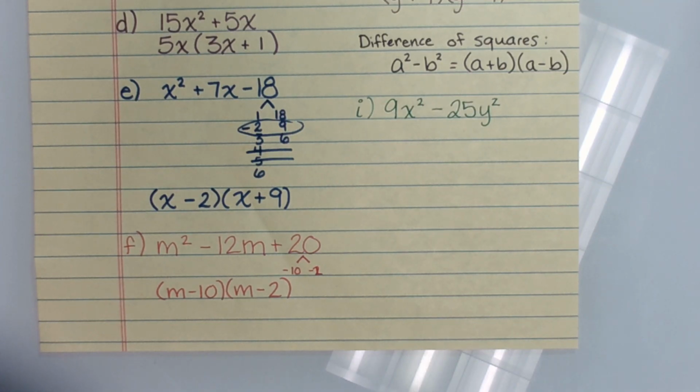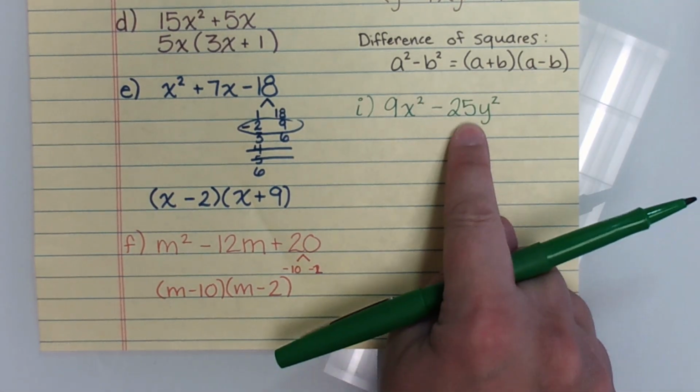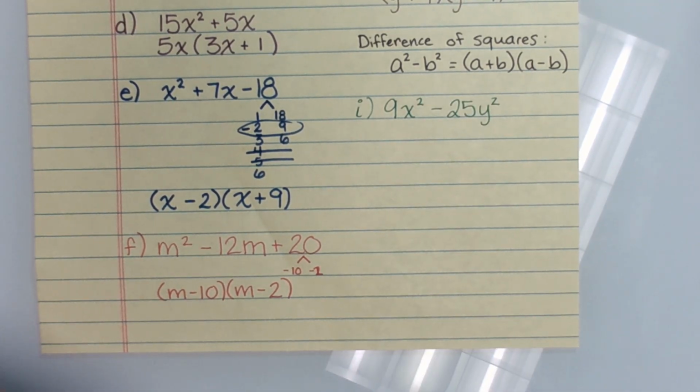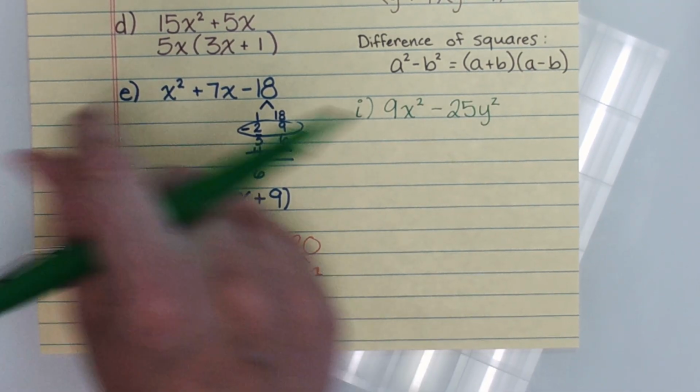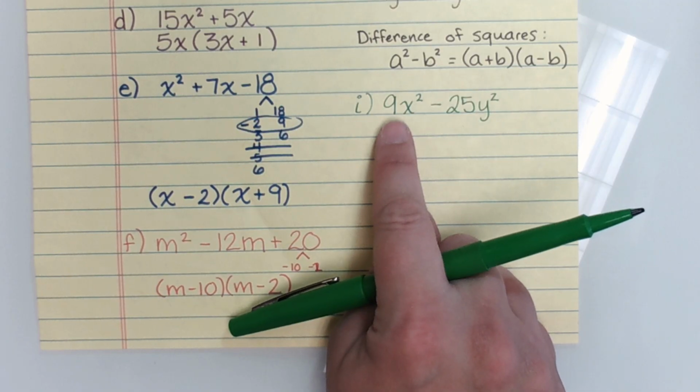No. Can I do the shortcut to the AC method on this? Can I look for 2 things that multiply to -25 but add to 0? -5 and 5, but if there's a 9 in front of the x squared, am I allowed to do that?